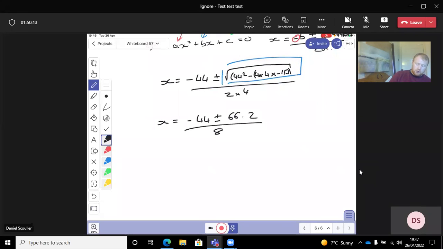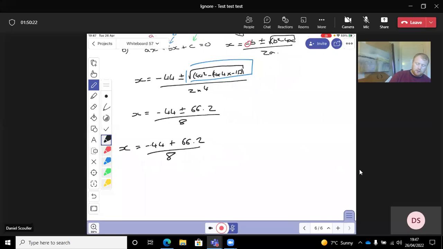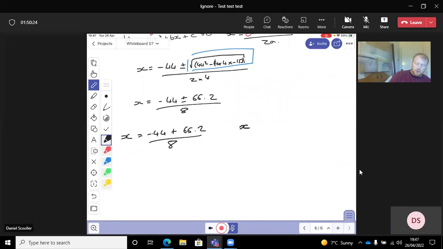So your two solutions will be x equals minus 44 plus 66.2 over 8, and your second solution would be x equals minus 44 minus 66.2 over 8.